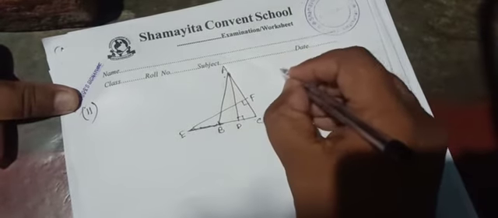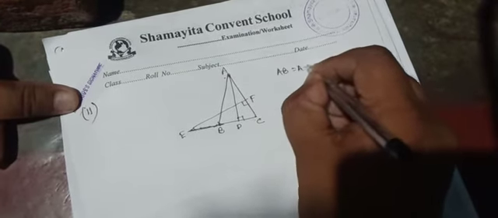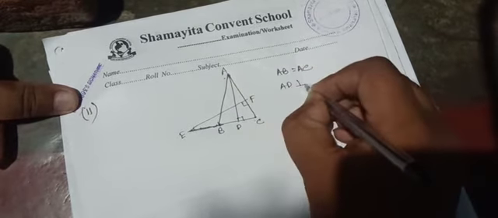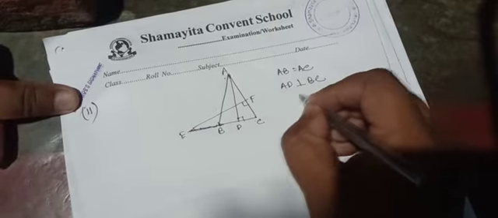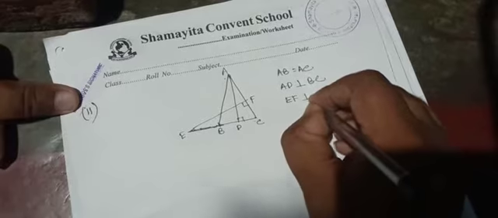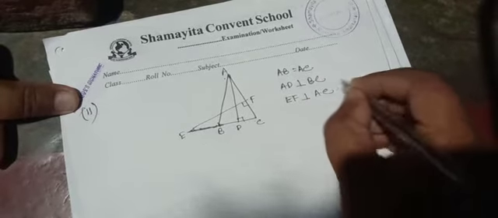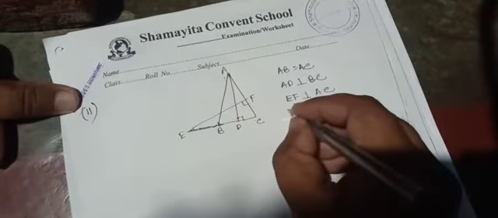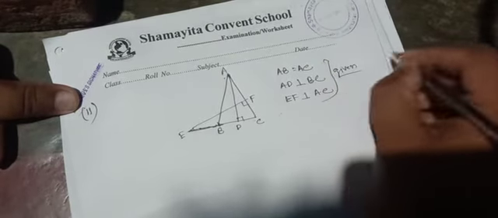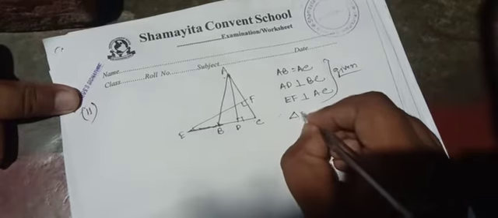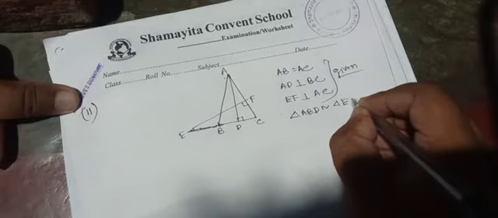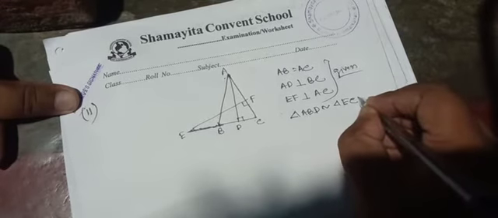It is given that AD is perpendicular to BC and EF is perpendicular to AC. We have to show that triangle ABD is similar to triangle ECF.